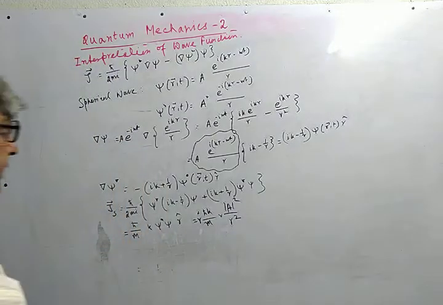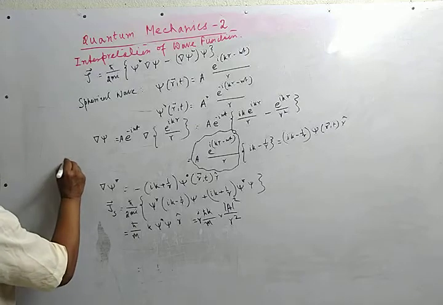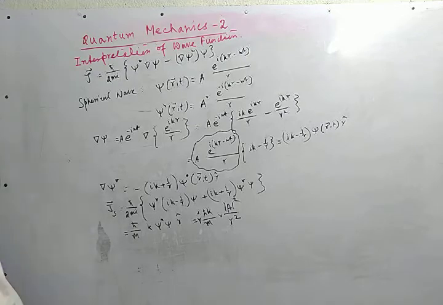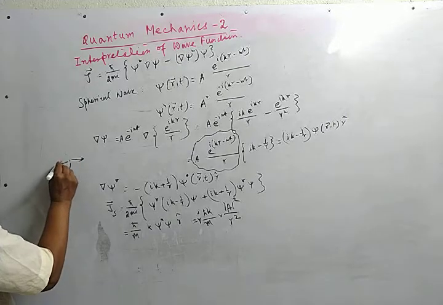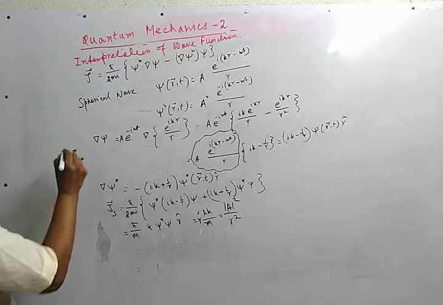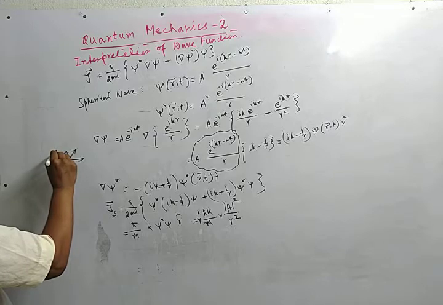If we consider a spherical point source placed in an isotropic medium, then the spherical wave is generated and propagates isotropically in all directions.